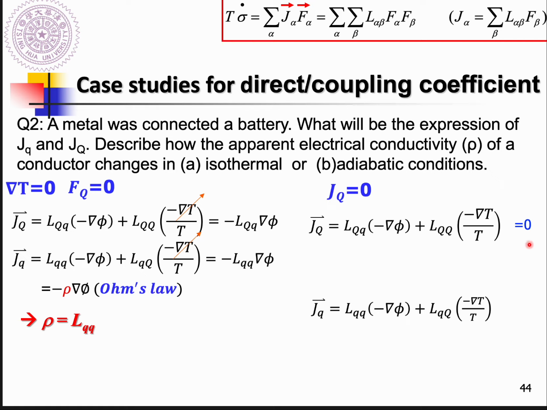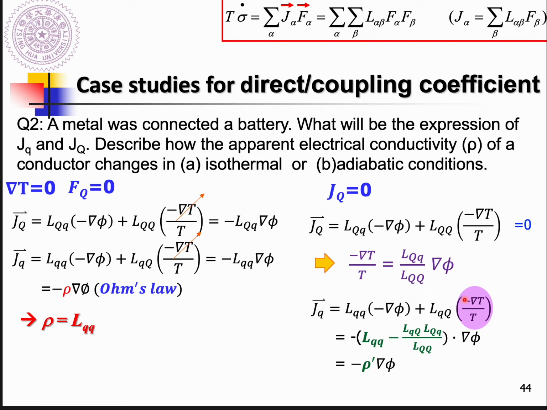So based on this, we use this rule: J_Q equals 0, so we can make this relationship. We substitute the minus temperature gradient divided by T as a function of the electrical potential gradient into this one. So we take the minus electrical potential gradient part out, then it equals minus sigma prime times the electrical potential gradient.